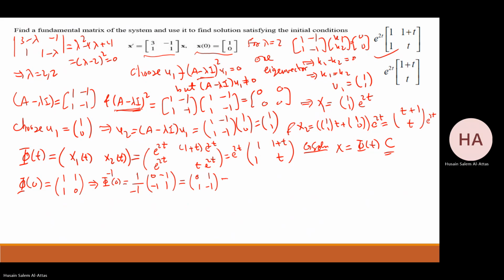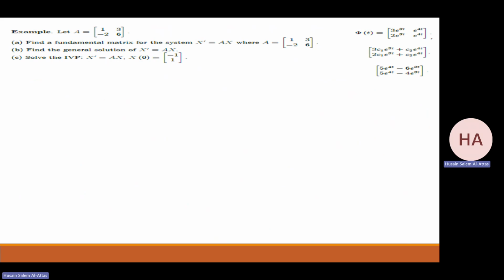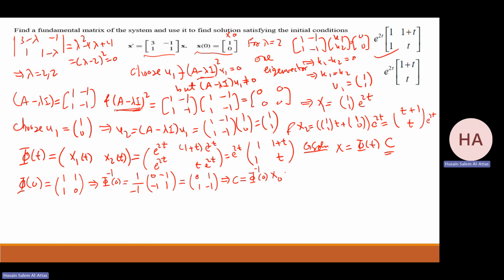Now, what will be my c? C is phi inverse at 0 times x0. This is my x0. And that will be 0, 1, 1, minus 1 times 1, 0, which is what? This times this is 0. This times this is 1.